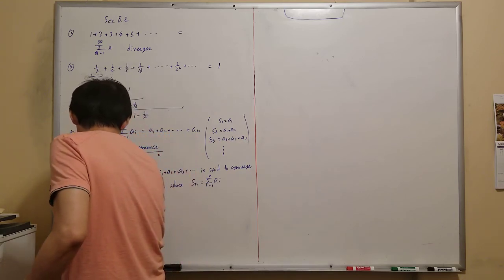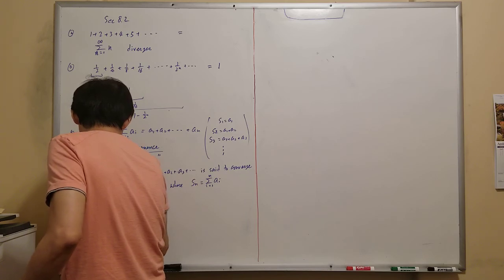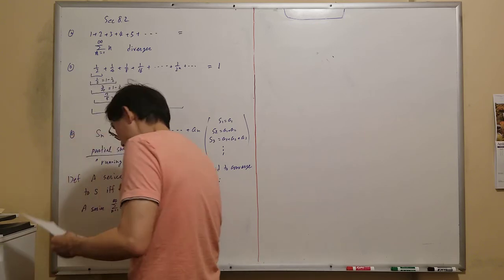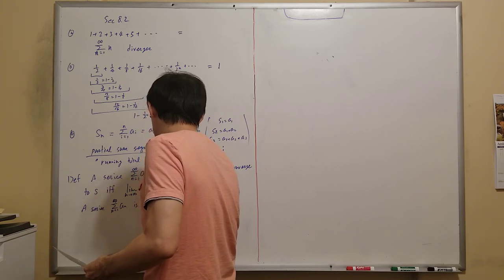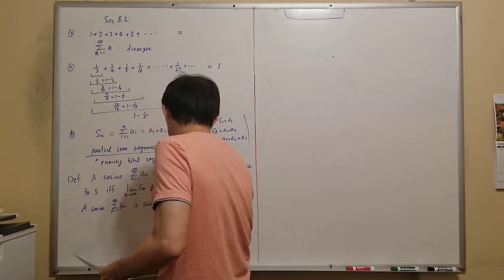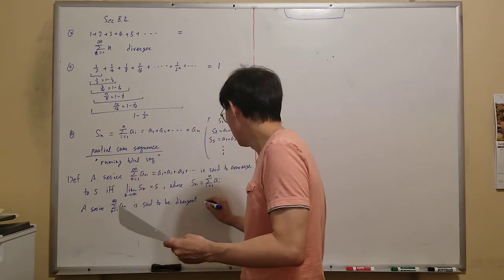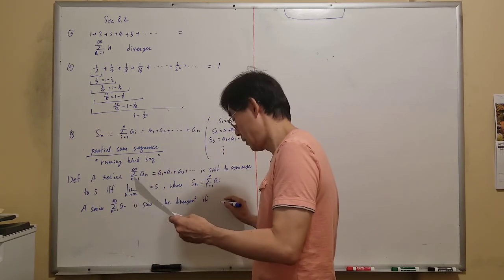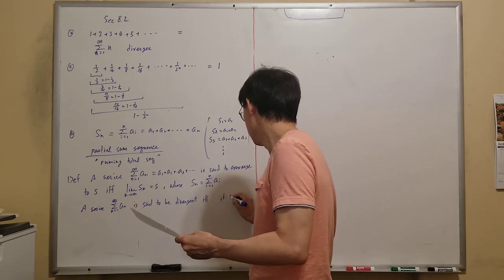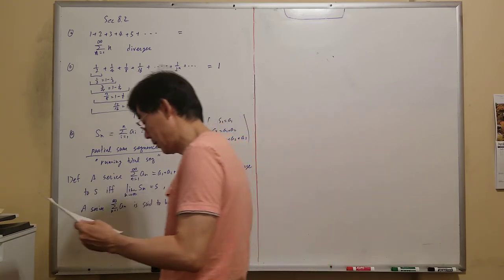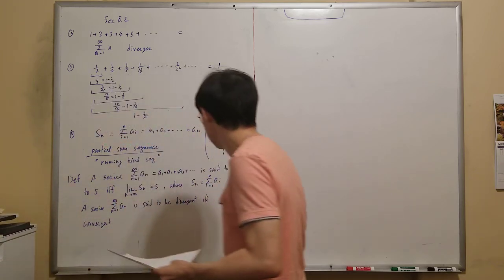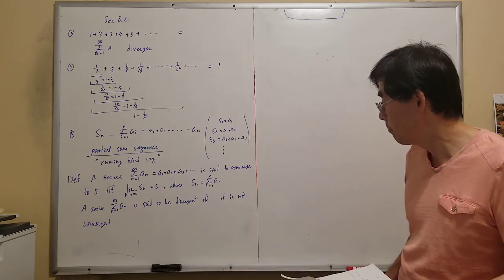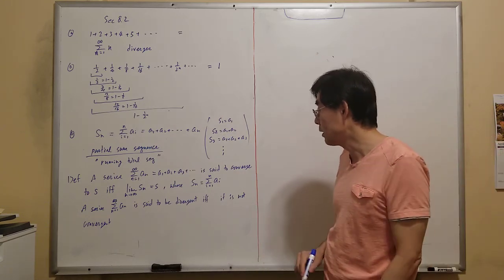And obviously, a series is said to be divergent if and only if it is not convergent. Okay? If the series is not convergent, we call it divergent.